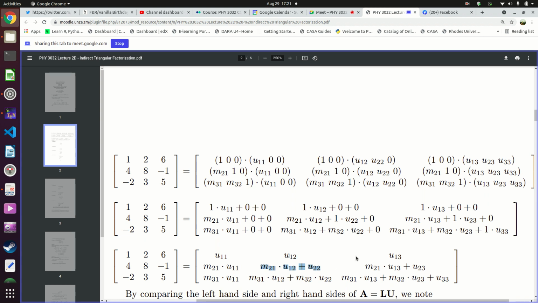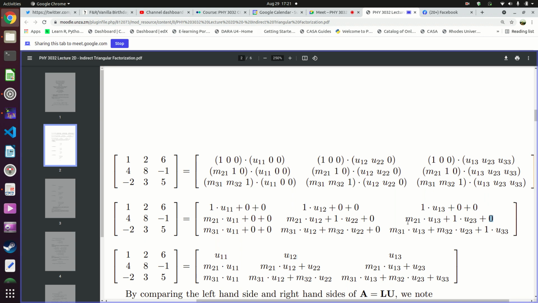Okay, then you multiply your second row by the third column. So this one is going to give you M21 multiplied by U13. So here M21 multiplied by U13, then plus 1 multiplied by U23. Here 1 multiplied by U23 plus 0 multiplied by U33, which is going to give you a 0 here.